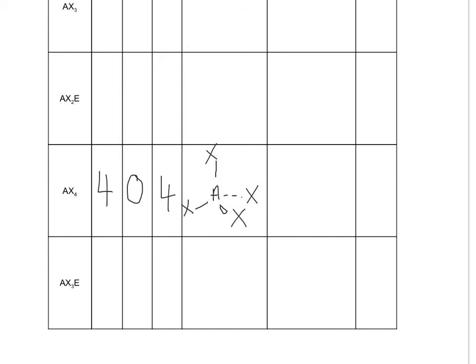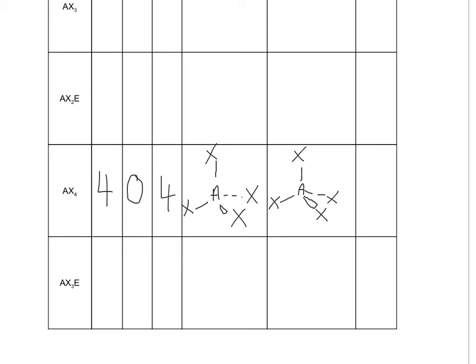So the molecular geometry is exactly the same. 2 are in the plane, one goes up, one goes down, then you've got one coming down to the right and one going to the back but down to the right.